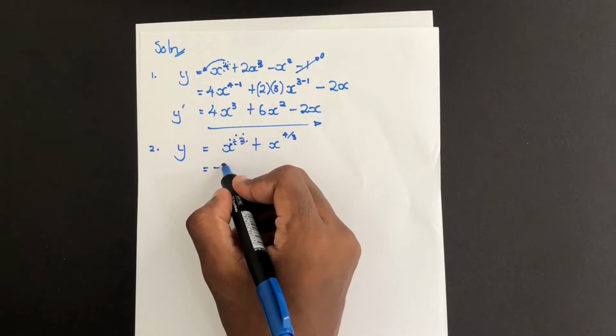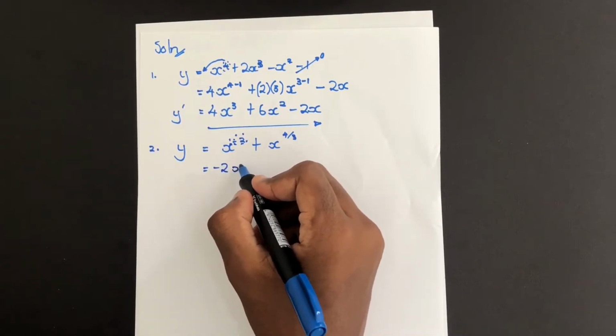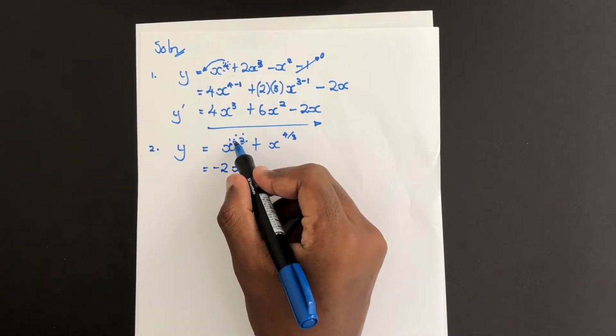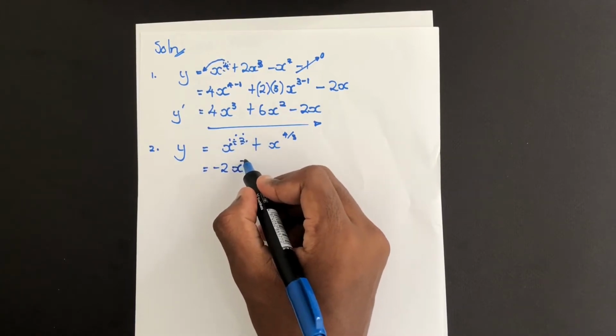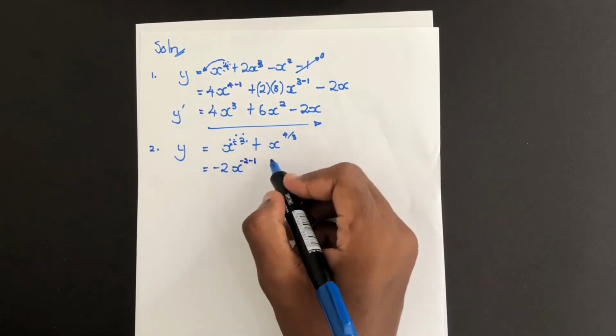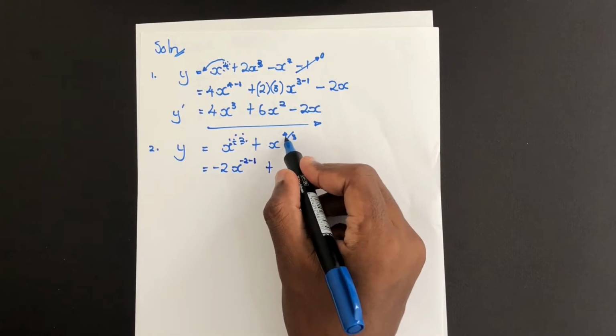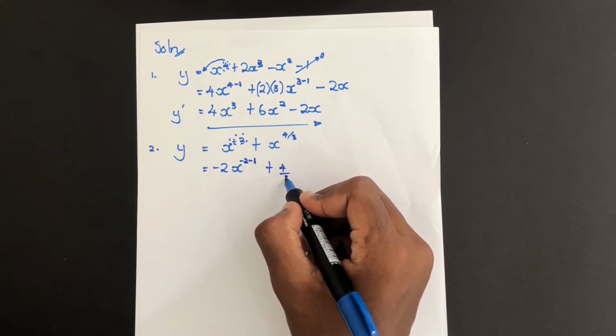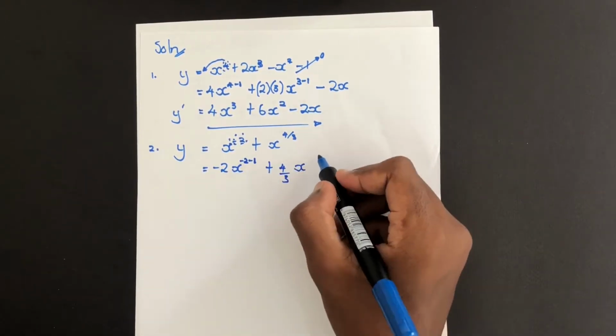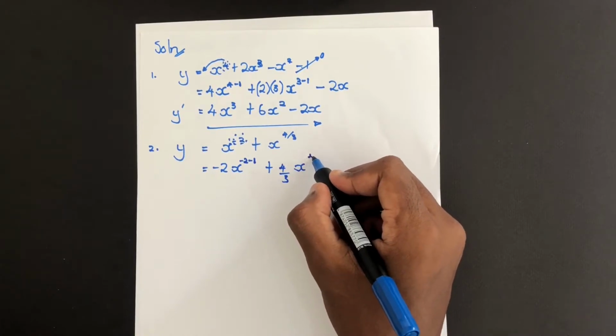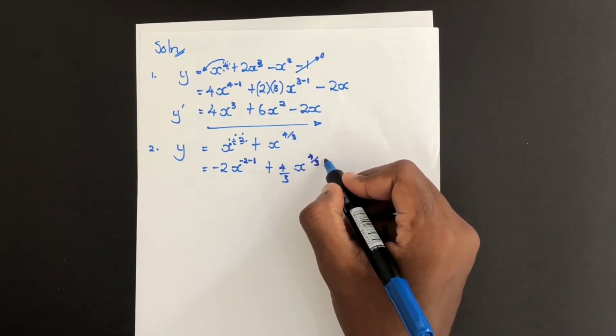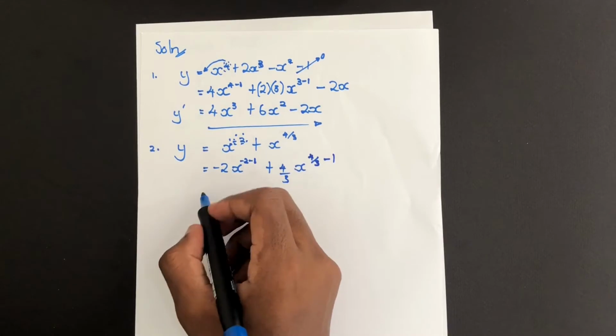So it's negative 2x to the power negative 2 minus 1, plus 4 thirds x to the power 4 thirds minus 1, which is 1 over 3.